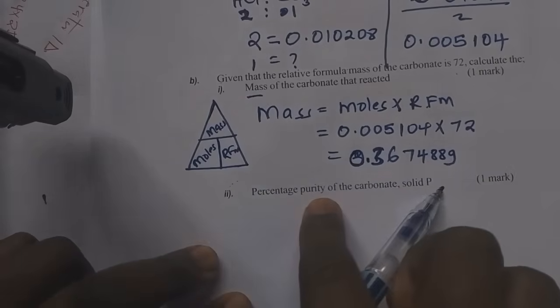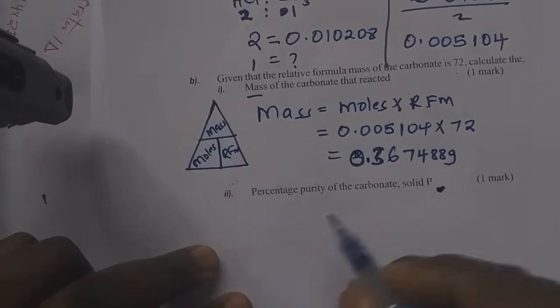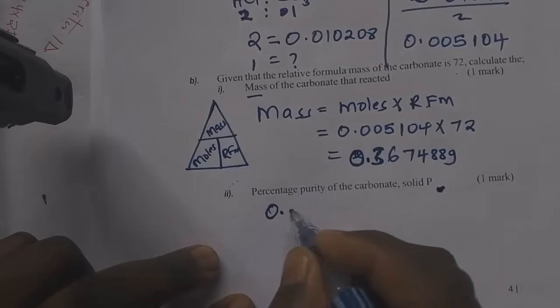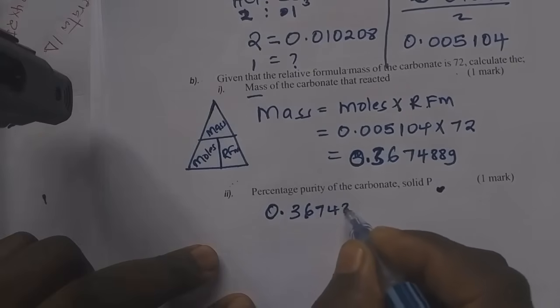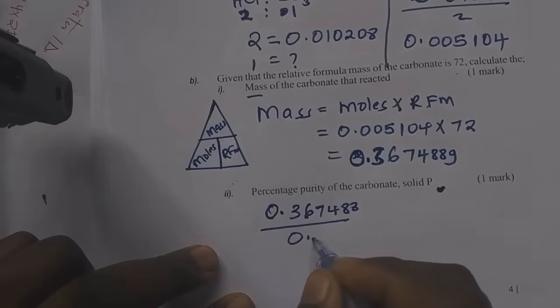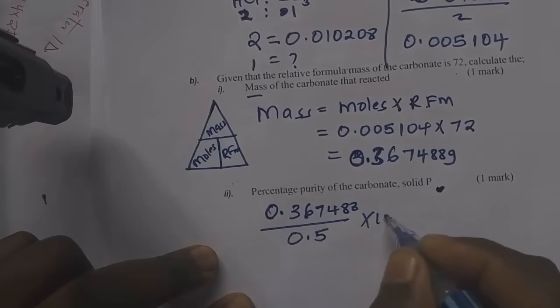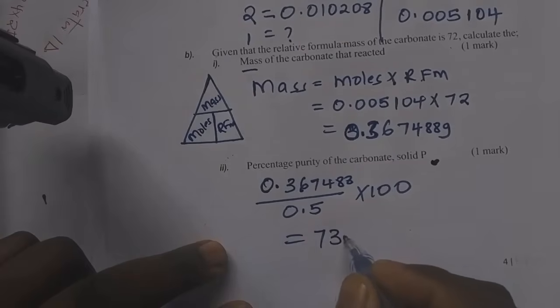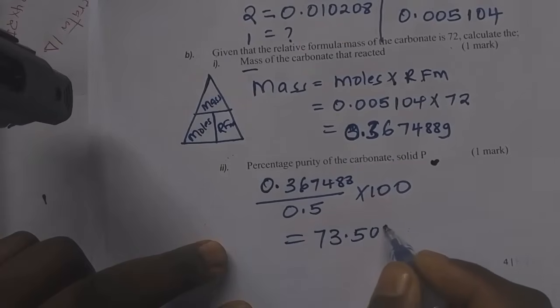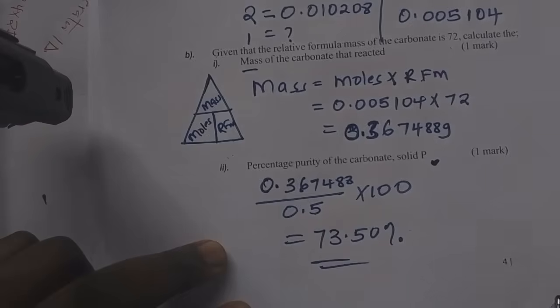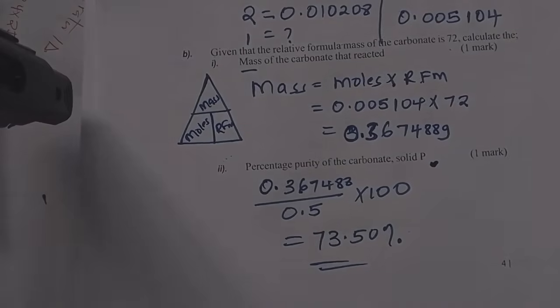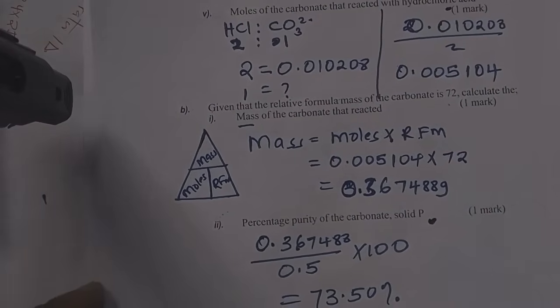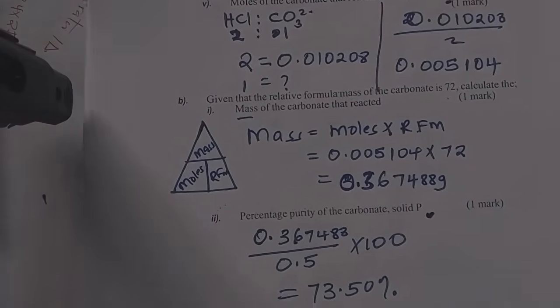Percentage purity is this mass over the original, 0.367488 over the original 0.5 times 100. That gives you 73.50%, and that is the percentage purity. So look at this question very well as you prepare for your exam.